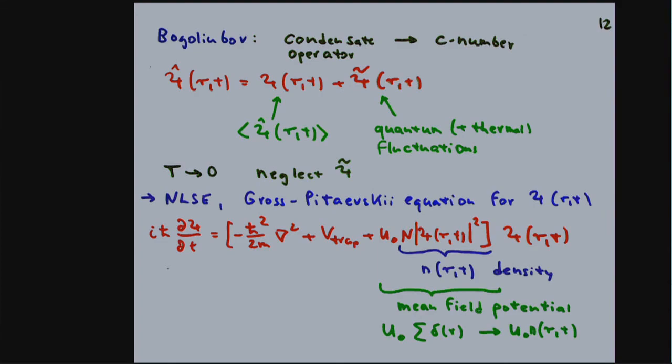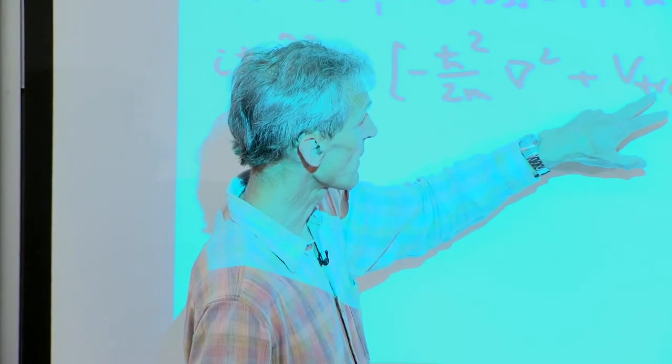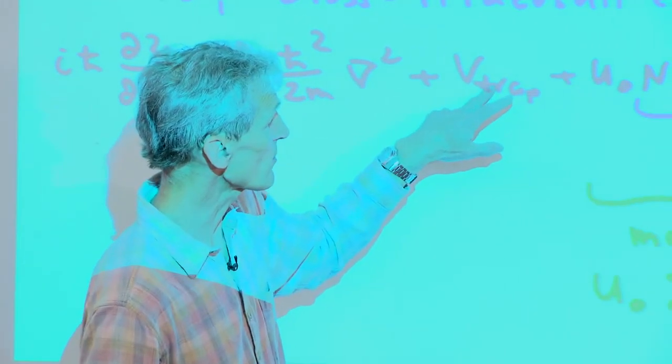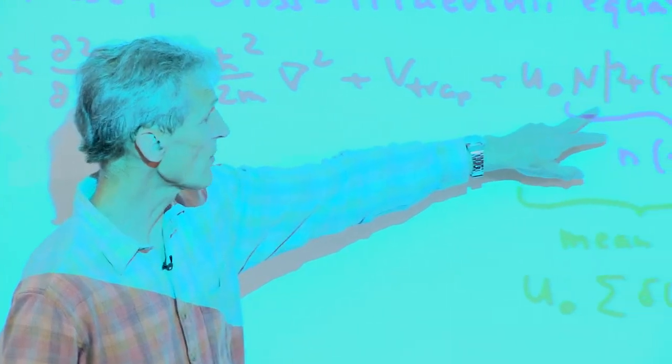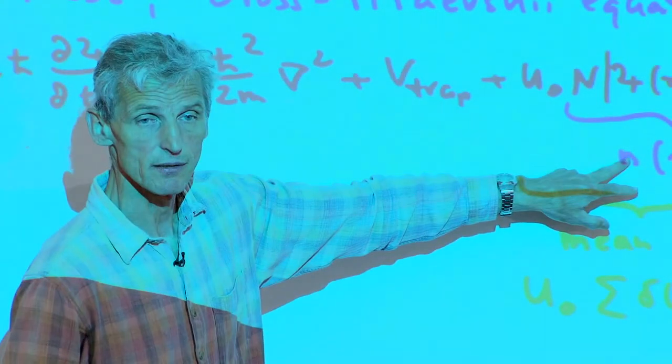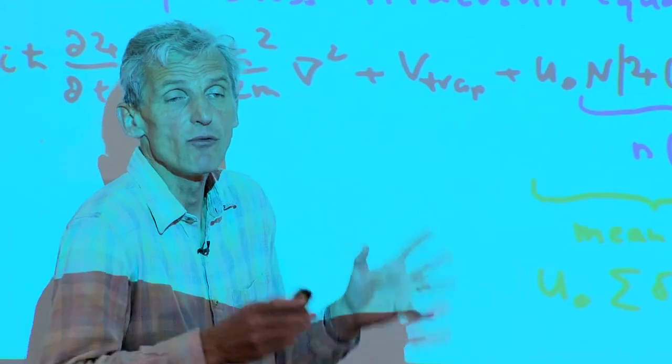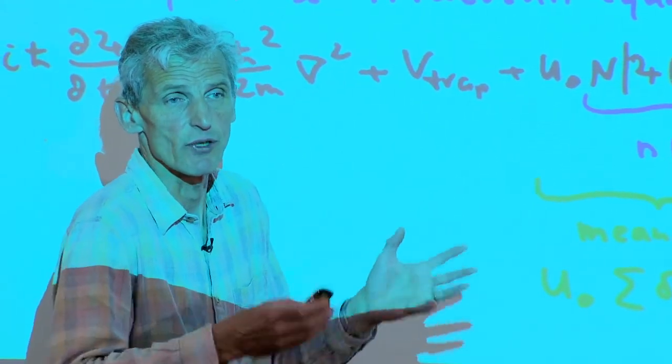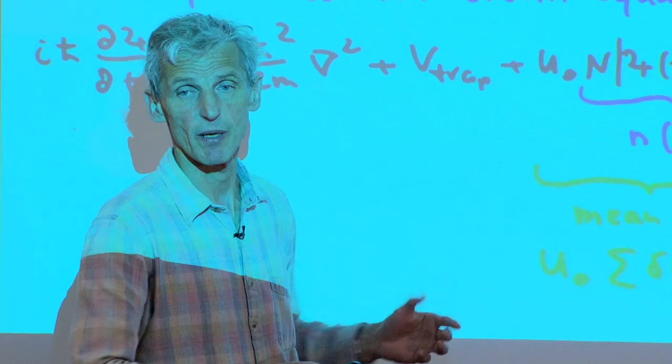And in addition to the kinetic energy and the trapping potential, the external potential, it has a term which is proportional to the density, and this is just a mean field repulsion which one atom feels exerted by the other atoms.